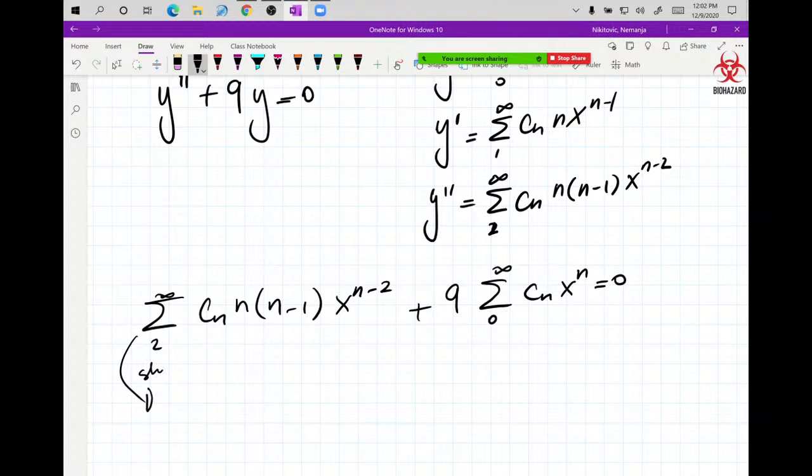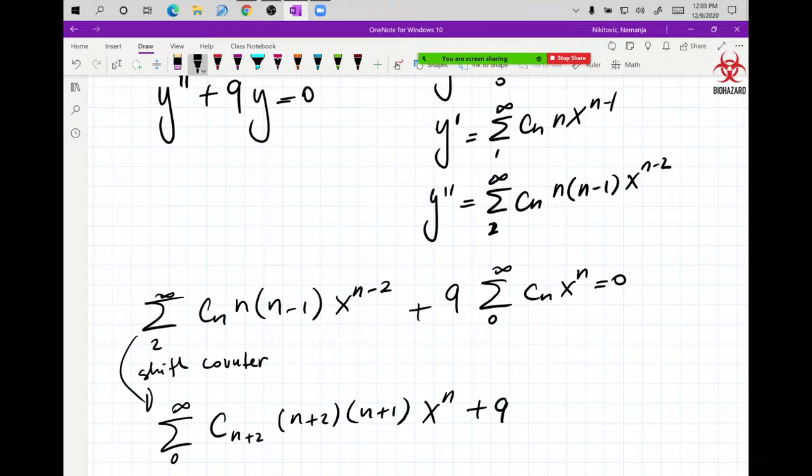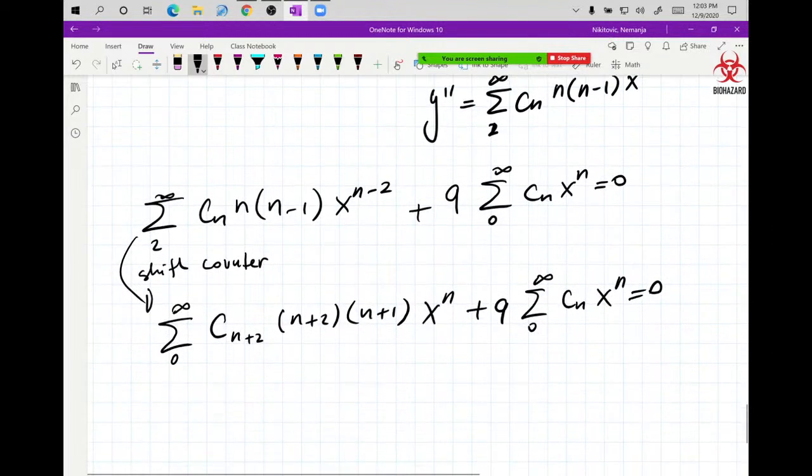I'm just going to say shift counter, and when you skip those steps, you get Cn plus 2, n plus 2, n plus 1, x to the n plus 9, and then you have your summation 0 to infinity Cn x to the n equal to 0.